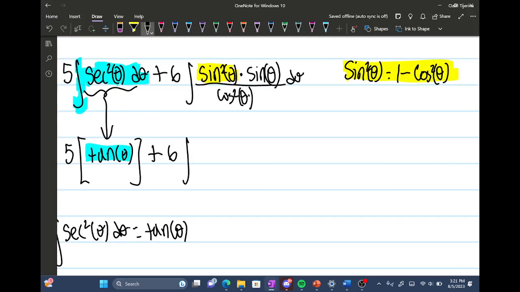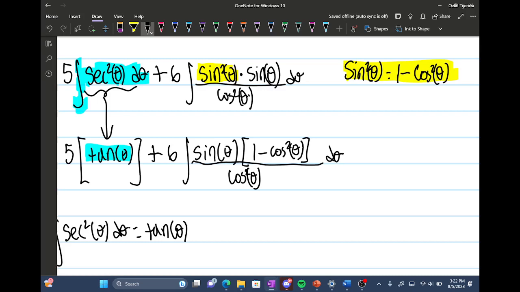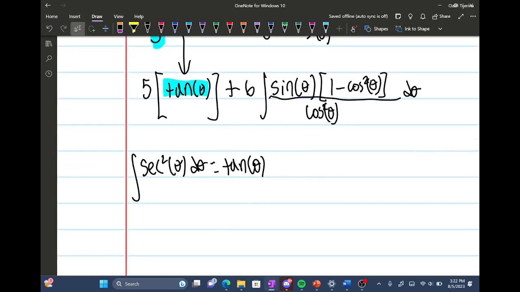So we're going to have the integral of sine of theta times 1 minus cosine squared theta over cosine squared theta d theta. Okay, from here, let's erase this.